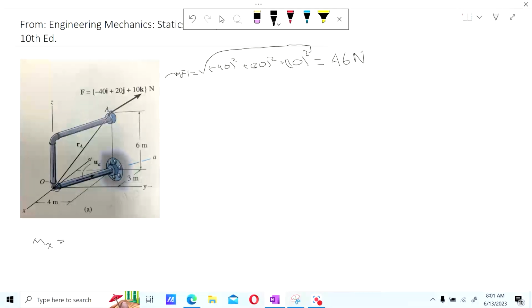basically the distance from the force to the axis, that is given by RA. Let's write this down the right way.